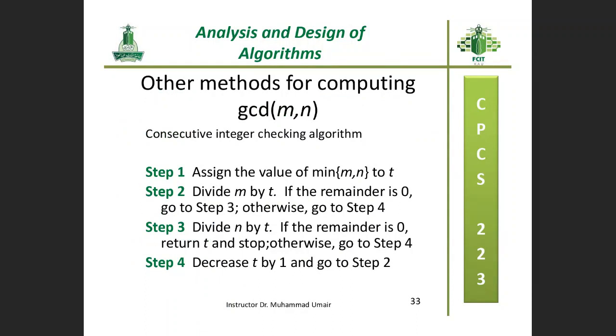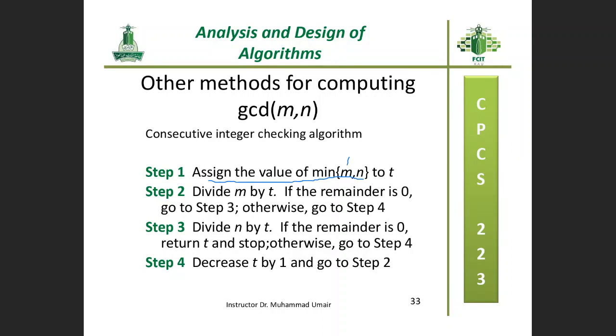Similarly, here is another way to calculate GCD. This is not the Euclid algorithm; it is another way you may already be familiar with. You will find the minimum number, and according to the minimum number you will divide that value.